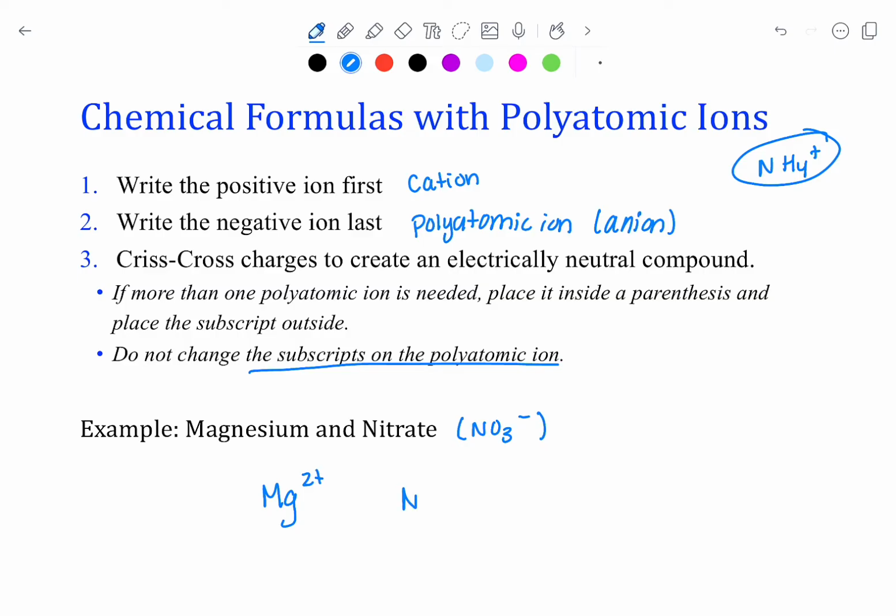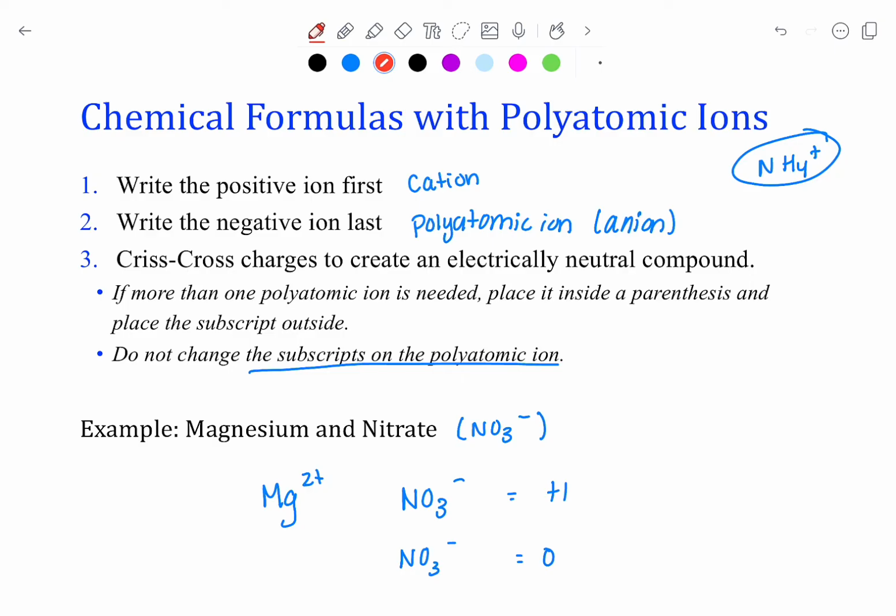I then have nitrate, NO3, which has a 1- charge. If I put those together in a 1-to-1 ratio, I have an overall charge of +1, which is not neutral. So in order for this to be neutral and cancel out, I need another nitrate in there to create a 0 charge overall. I have to balance out that 2+ charge of the magnesium with 2 nitrates.